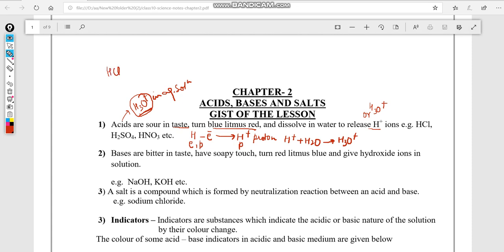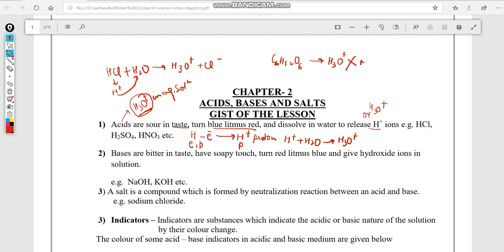HCl is acidic in nature. When HCl dissolves in water, it releases one proton, and proton does not exist in isolated form, hence it combines with water and is converted into hydronium ion. Hence it is acidic in nature, but glucose C6H12O6 does not release hydronium ion in aqueous solution.